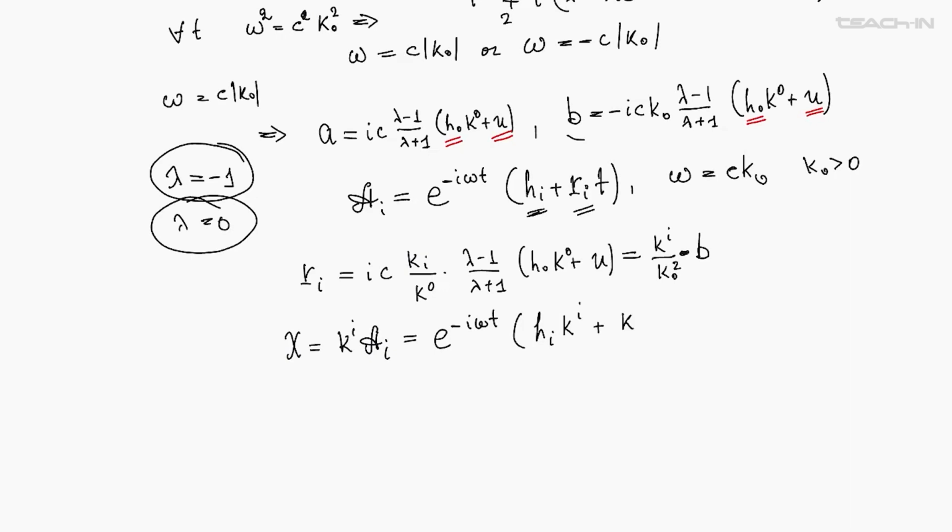And this must coincide with the ansatz we have taken for χ, which is e^{-iωt}, (u + bt). So from here, you immediately compare the terms linear in t, and you derive that b is actually k_i r_i.